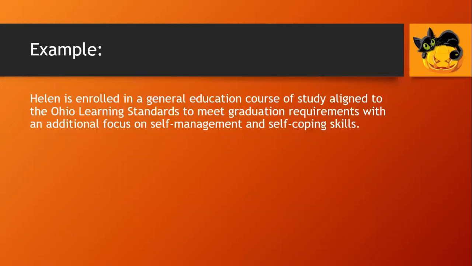So we would say under the course of study that Helen is enrolled in a general education course of study aligned to the Ohio learning standards to meet graduation requirements with an additional focus on self-management and self-coping skills. And that is really how the state would like to see you do something like that, where you describe the course of study, make sure that you mention it is aligned to the Ohio learning standards or the extended standards if that's appropriate, and meeting those graduation requirements.